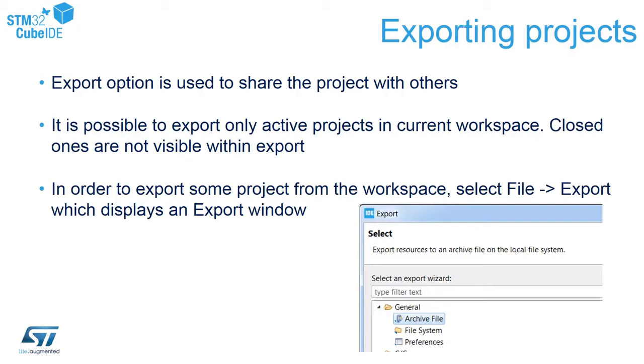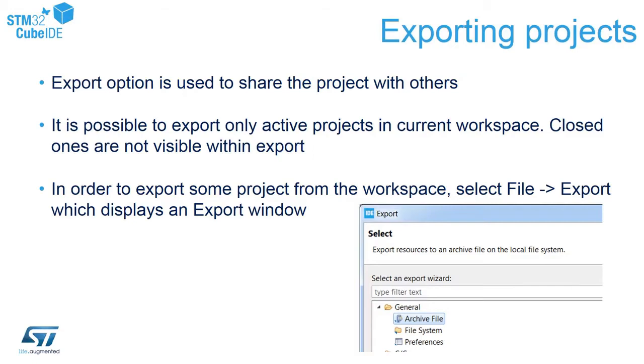As a result, we will see an export window. From the General section, we need to select either archive file, if you would like to store our project in a compressed form, zip or tar, or file system, if you would like to store the project in some folder. I will demonstrate the feature with an archive file of zip.